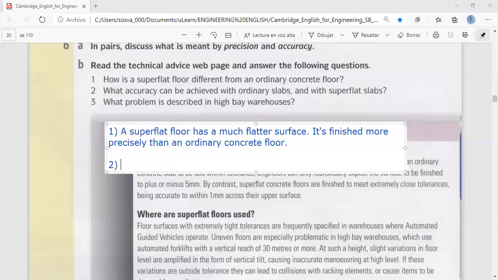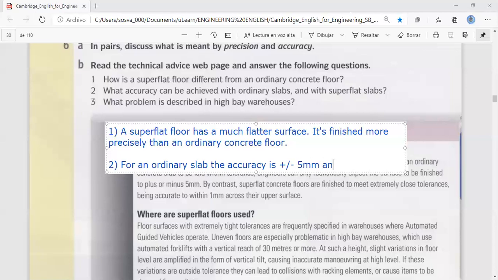So the answer would be, for an ordinary slab, the tolerance accuracy is up to 5 millimeters. Okay, remember it's a plus or a minus. I don't know how to make the symbol, so I'm gonna just write plus minus 5 millimeters.